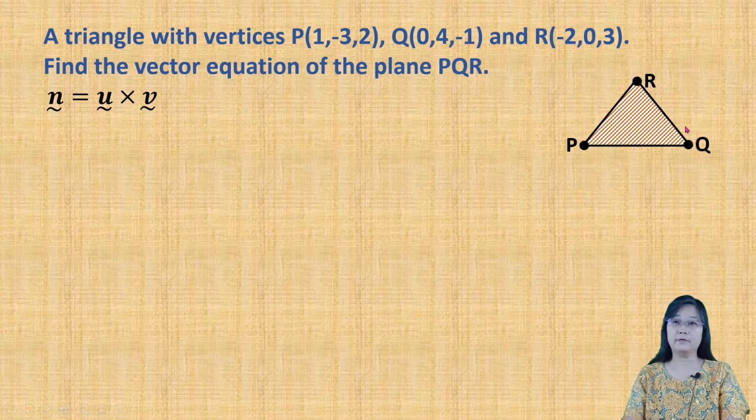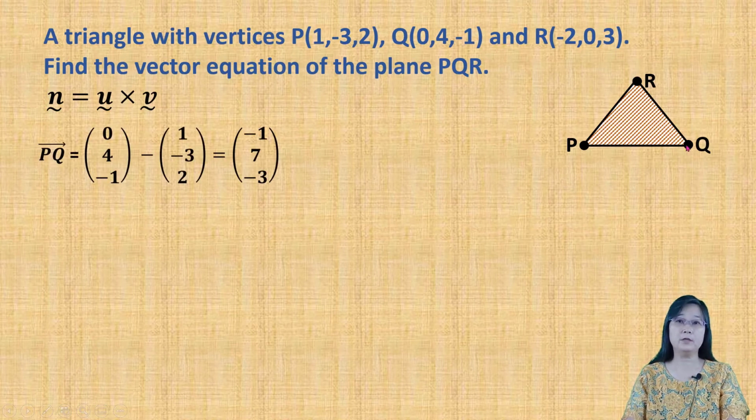From this diagram, we find that we are able to find more than 2 direction vectors: direction vector PR, direction vector PQ, or direction vector QR. We simply choose any 2 direction vectors. So let's say I choose direction vector PQ.